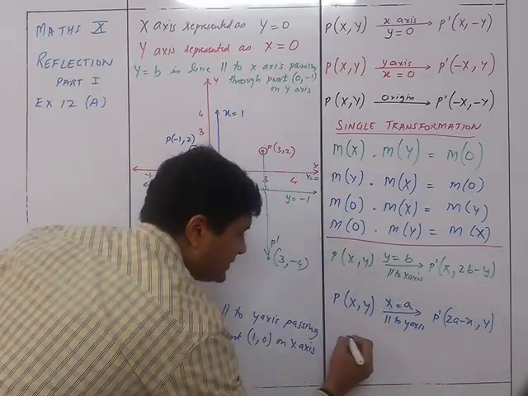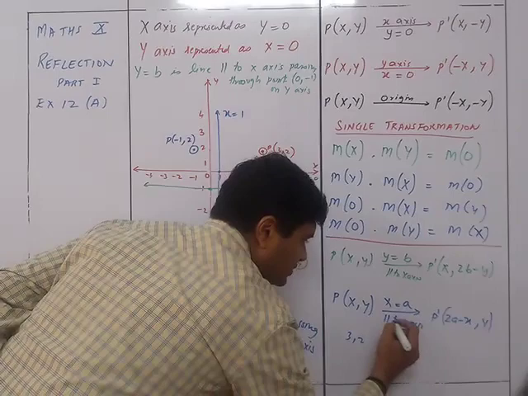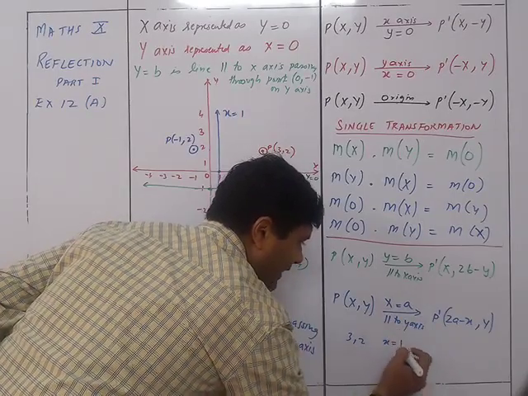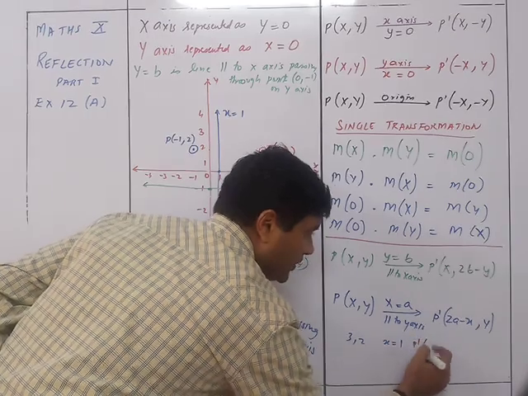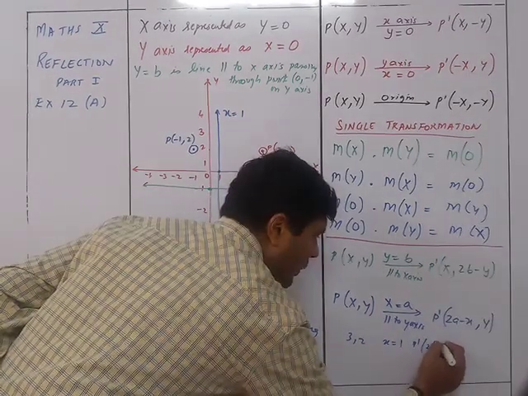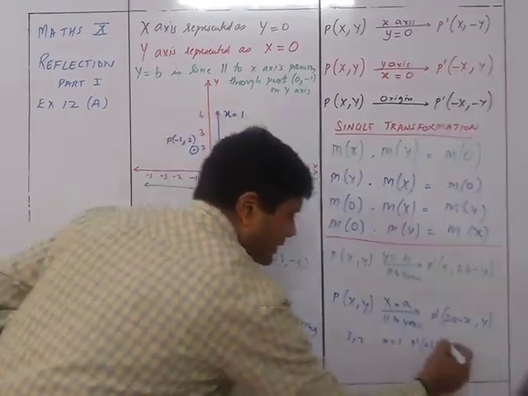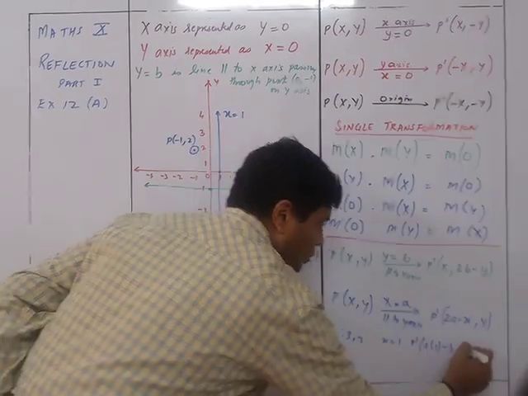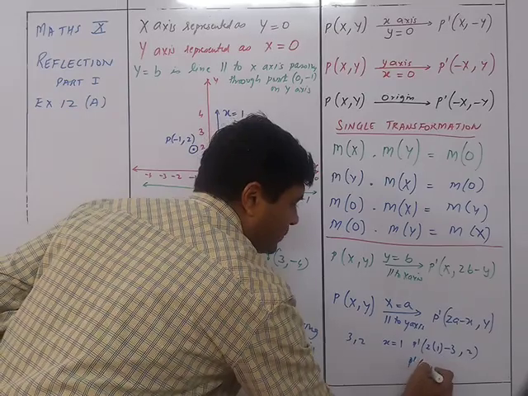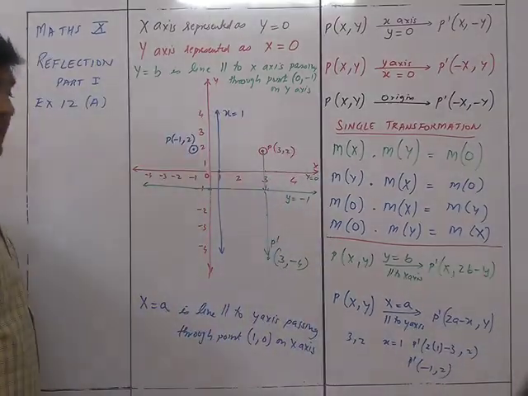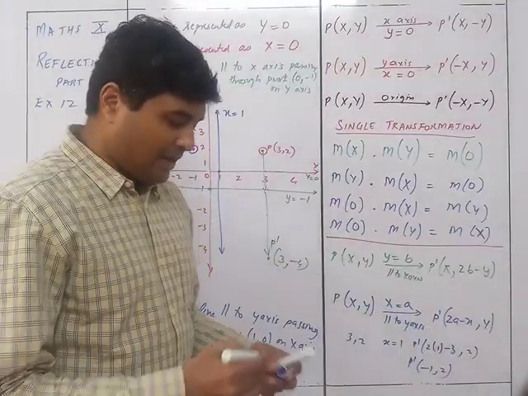You can check it over here. This is (3, 2) and this was x = 1. So P dash will be (2 into 1 minus 3, 2), which is nothing but (minus 1, 2). Understood? So this is the formula.